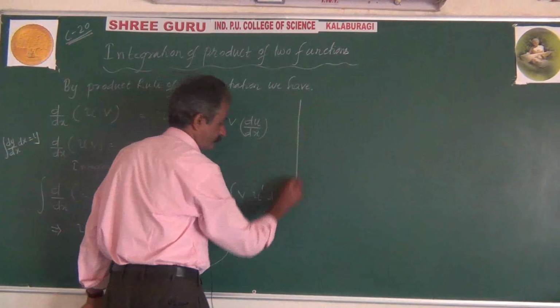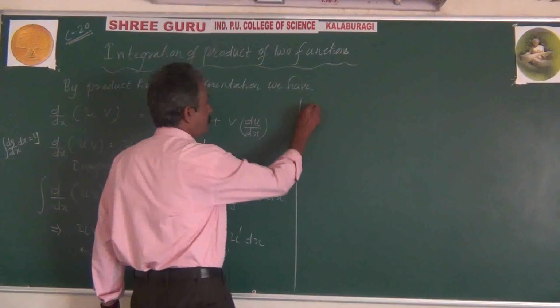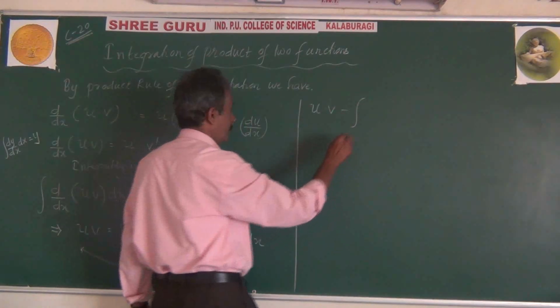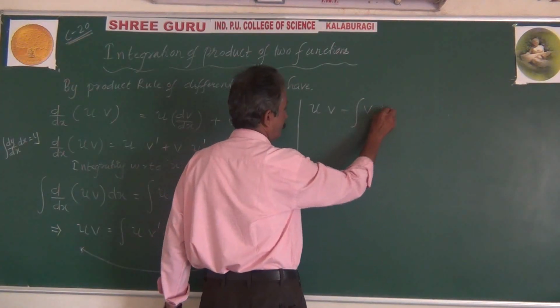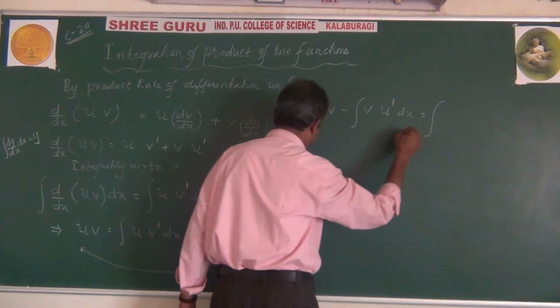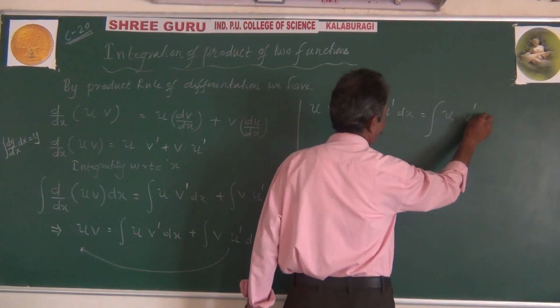Hence, u into v minus integration of v into u dash dx equals integration of u into v dash dx.